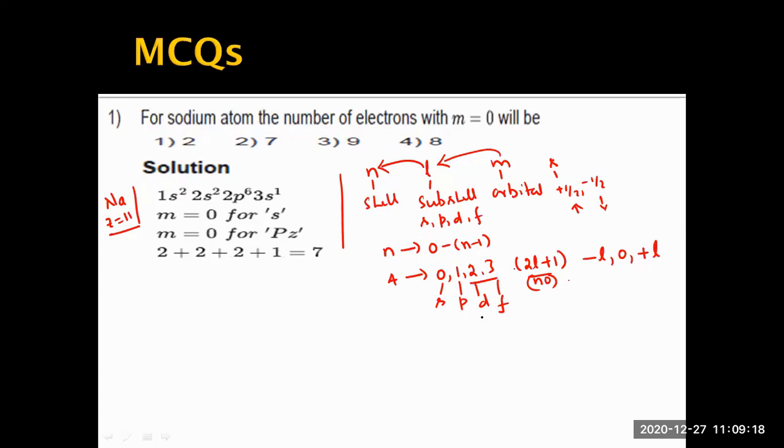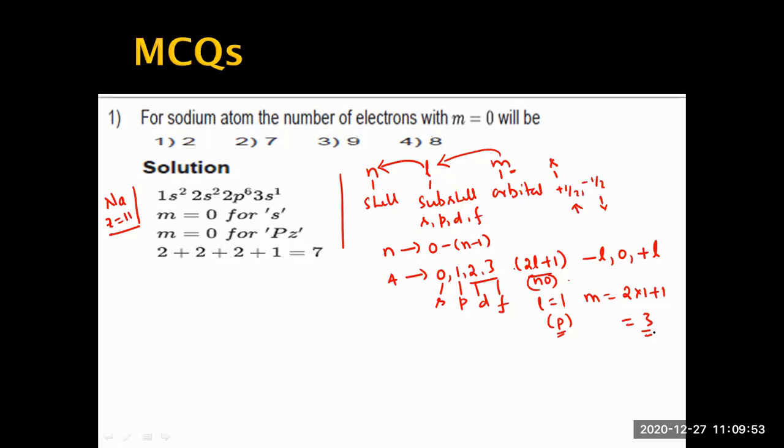For example, when L is equal to 1, it indicates the p subshell.